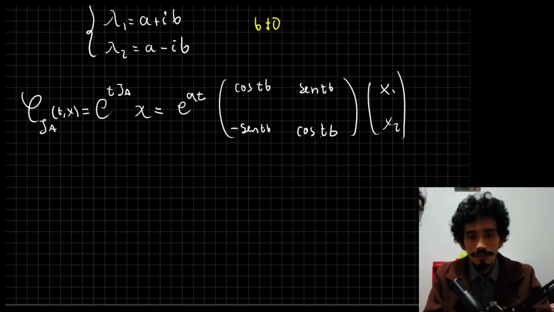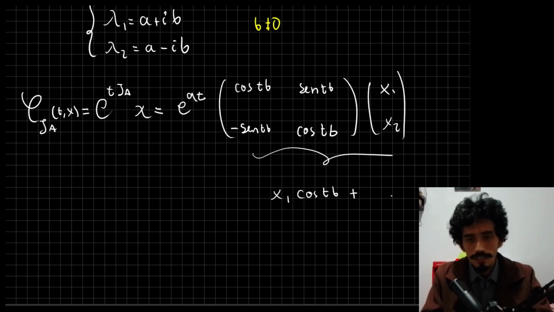Now, what happens when you compute this product? Well, let's calculate it. This is x1 cosine of tb plus x2 sine of tb, and below is minus x1 sine of tb plus x2 cosine of tb.